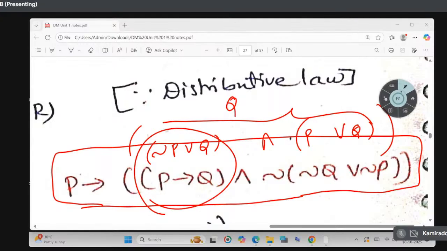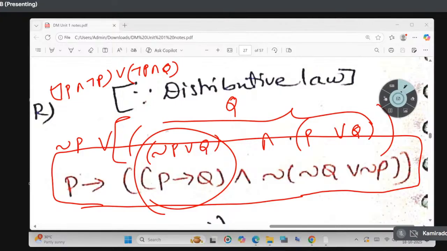Negation P or Q. So simply I am going to make it negation P or Q. The complete term became negation P or Q. Simplify this one. So you will get the final answer as negation P and negation P or negation P and Q.